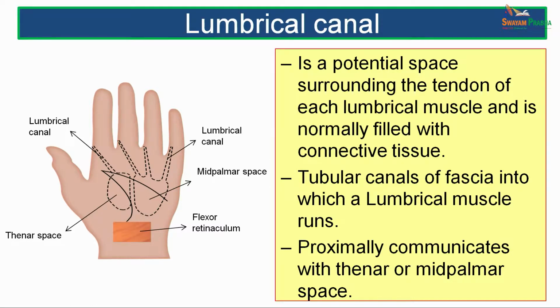Proximally, it communicates with the thenar or the mid-palmar space. The picture here shows us the lumbrical canals. What we see here on the lateral aspect is the thenar space, whereas medially we see the mid-palmar space. What we see here are the 4 lumbrical canals, nothing but potential fascial canals through which the lumbrical muscles run.